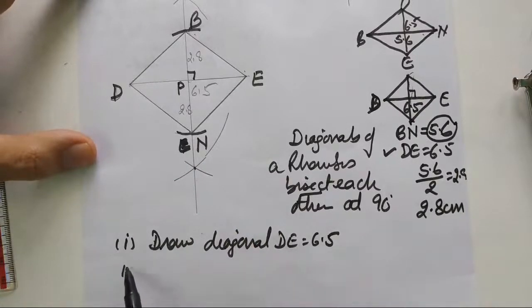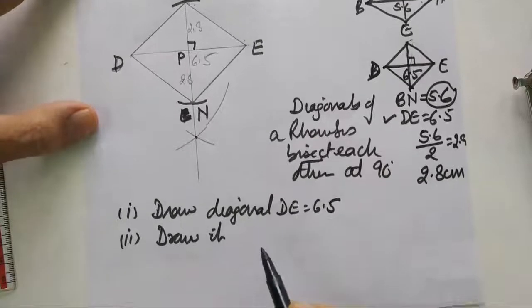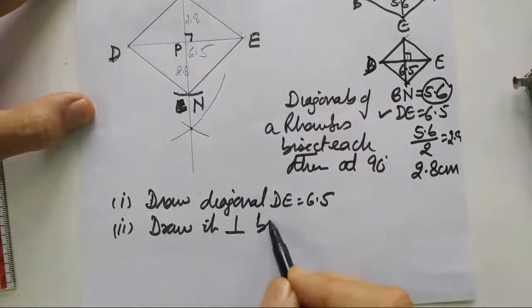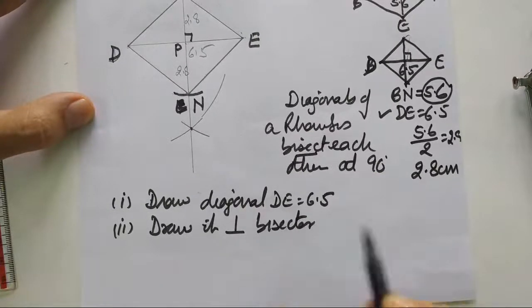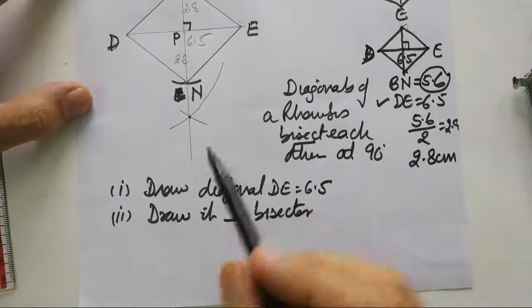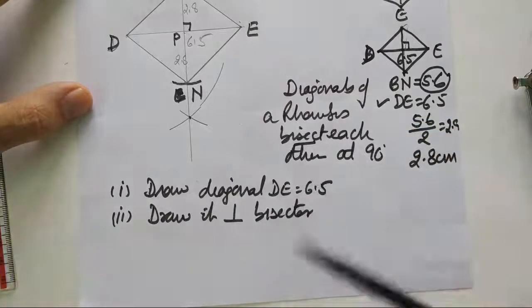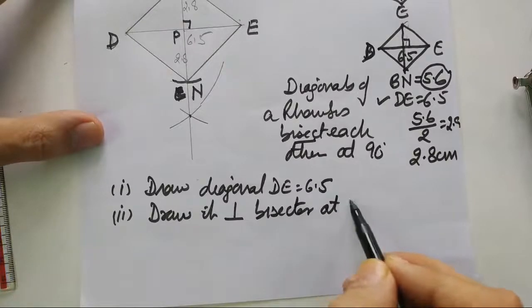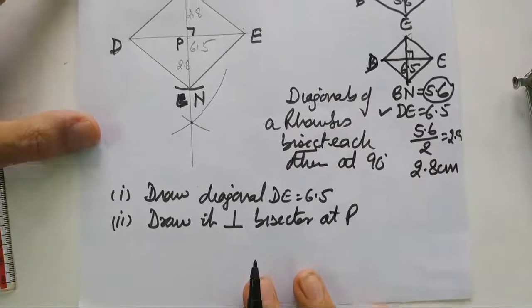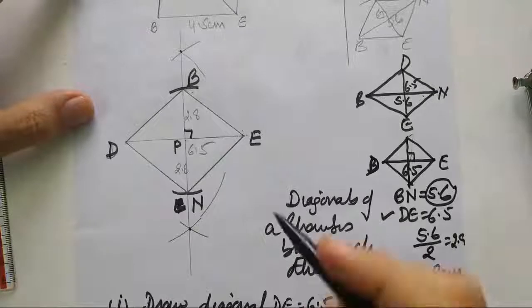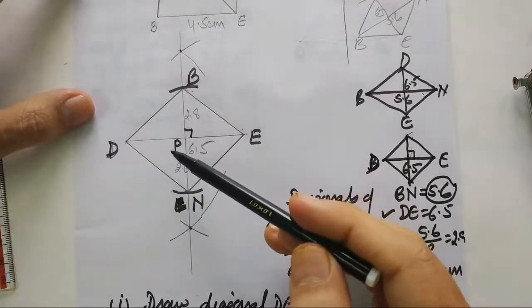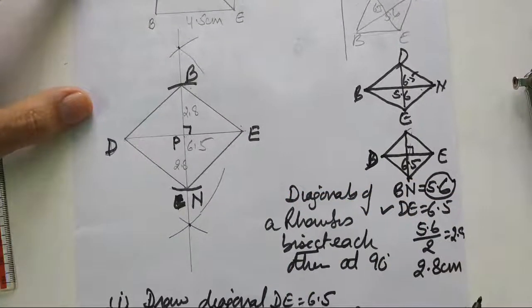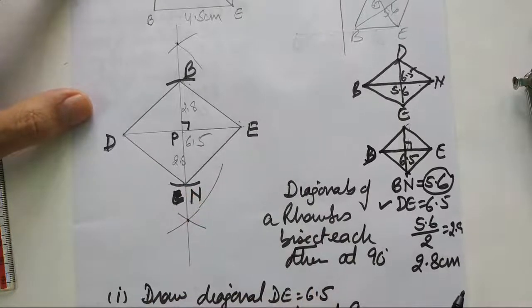And second part, you can write, draw its perpendicular bisector. So draw the perpendicular bisector of the diagonal at P. So when you make perpendicular bisector, then the perpendicular bisector is passing to point P. So why we have written P? Because we will use P point.